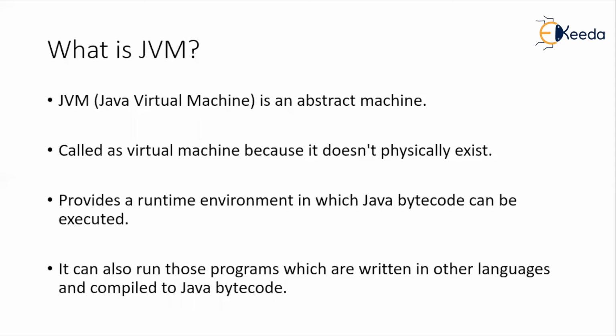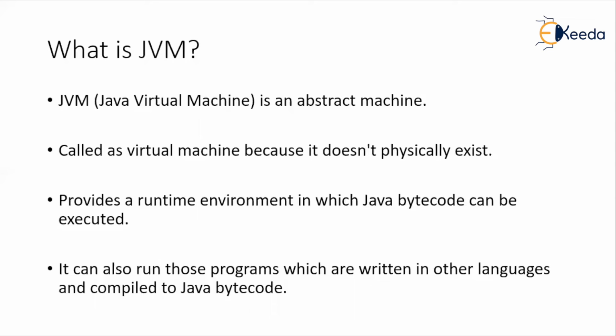Like JDK or JRE, you will not be able to see any folder created as JVM, but it is already available inside JRE for you. But it is a virtual one. This JVM provides a runtime environment in which Java bytecode is executed.